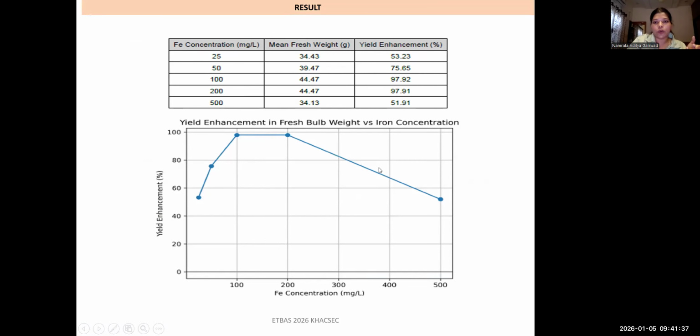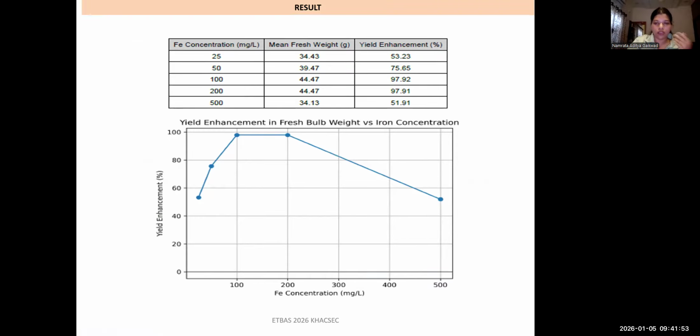If I decide to plot a graph between yield enhancement in percentage and Fe concentrations that I have used for all the plants that I have performed experiments on, then we'll see that 100 and 200 mg per liter concentrations have given almost twice the yield as compared to control.